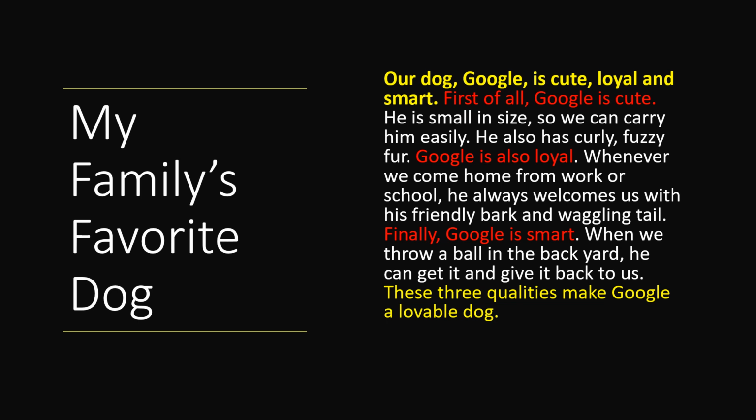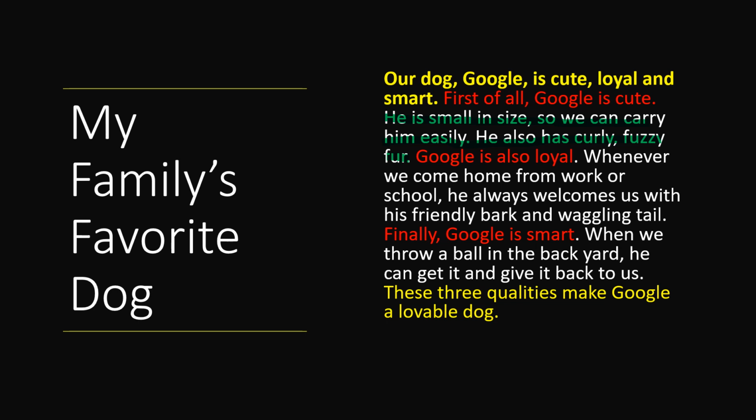Then I put my first detail in here: first of all, Google is cute. After I provide this first detail, I also provide the explanations why Google is cute. So this one elaborates or gives reasons why Google is cute.